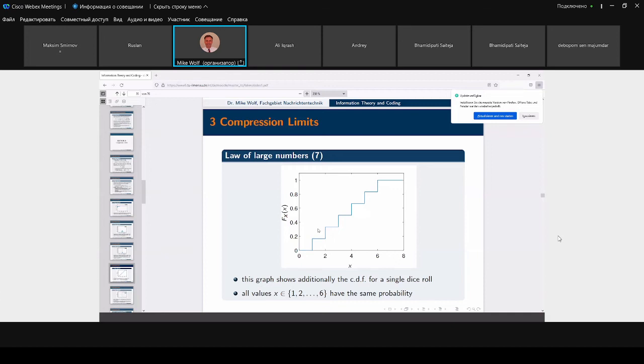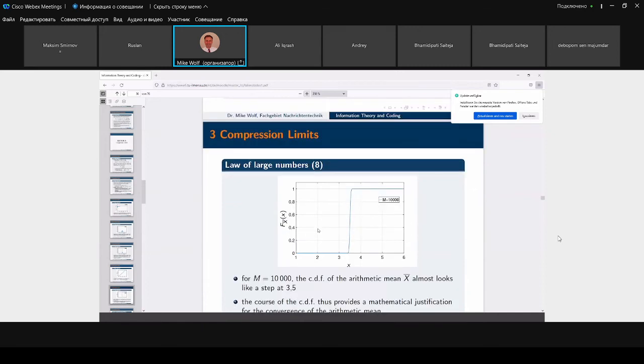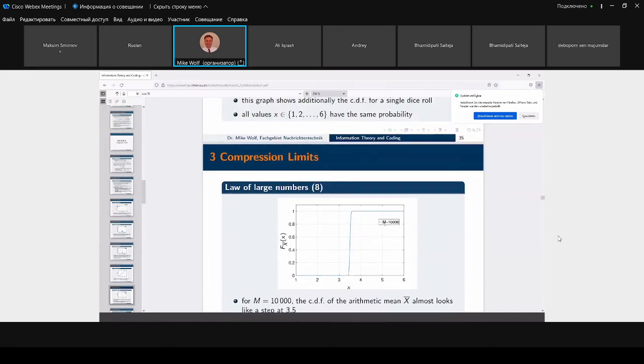You understand? Then I took the same for a sequence of length 10,000 and plotted the cumulative distribution function of the result. And you see almost all the results are very close to 3.5.